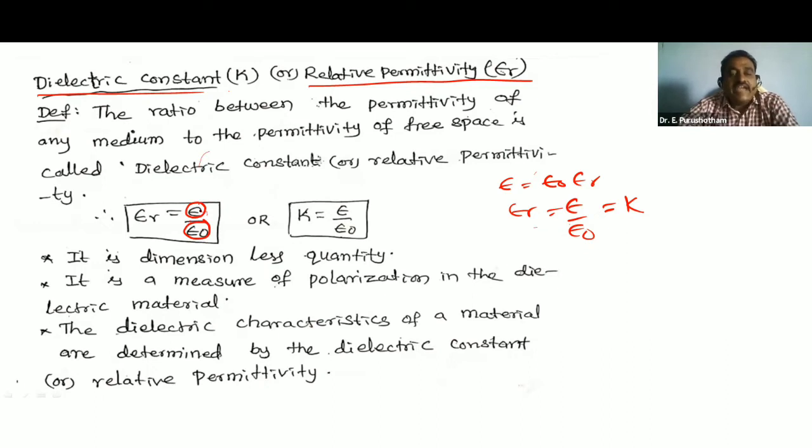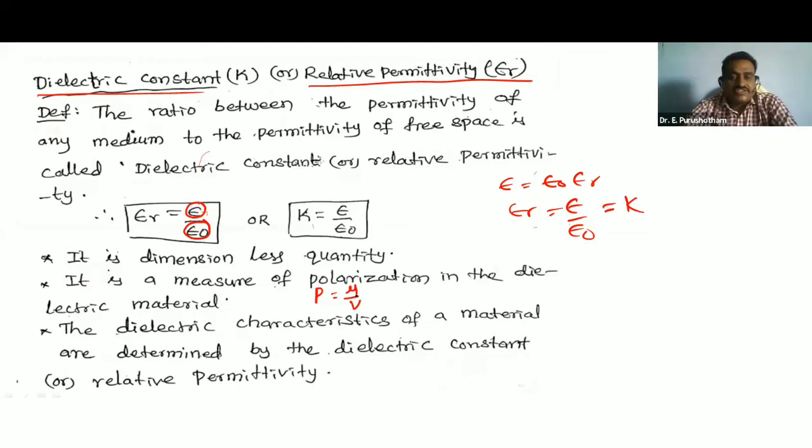The dielectric constant is a dimensionless quantity. There are no units, no dimensions. It is a measure of polarization in the dielectric material. Polarization we should define: dipole moment per unit volume is called polarization.